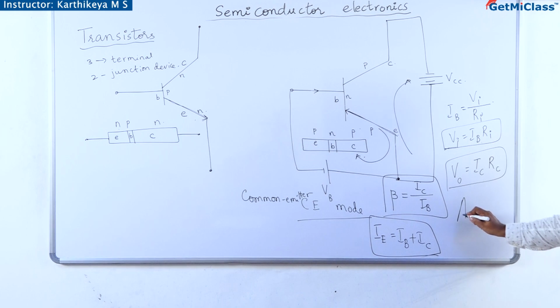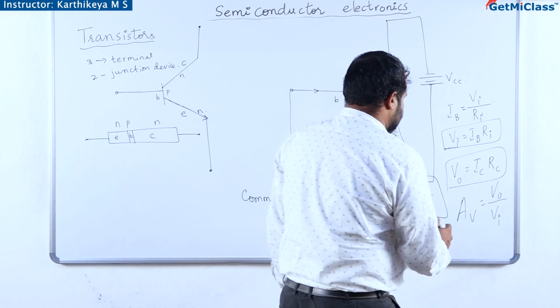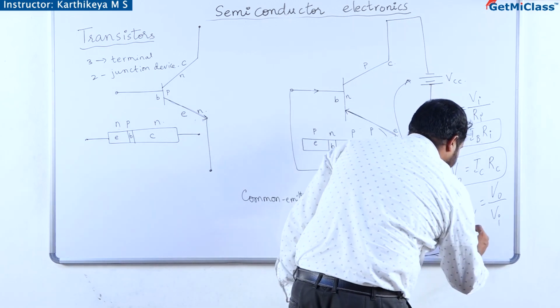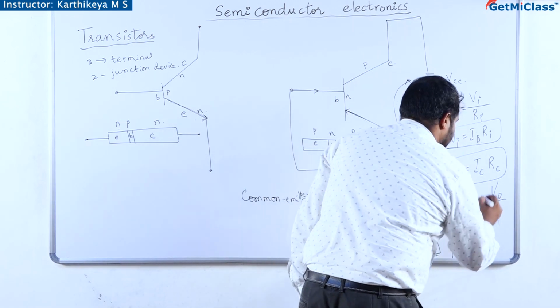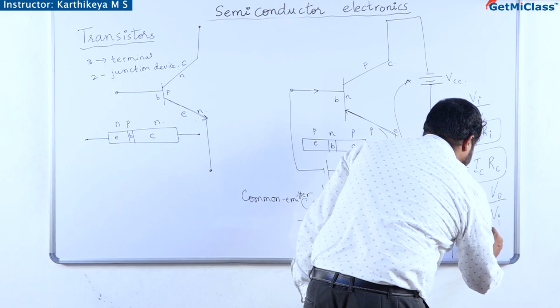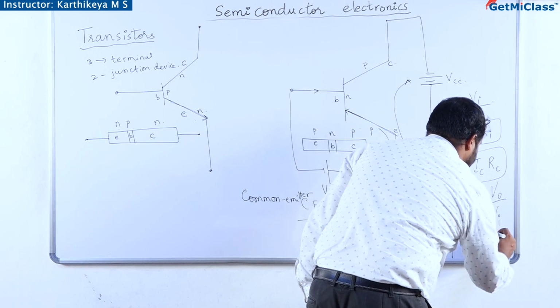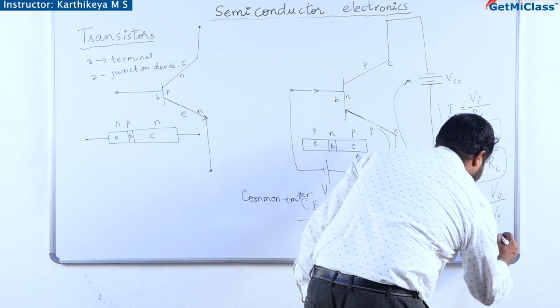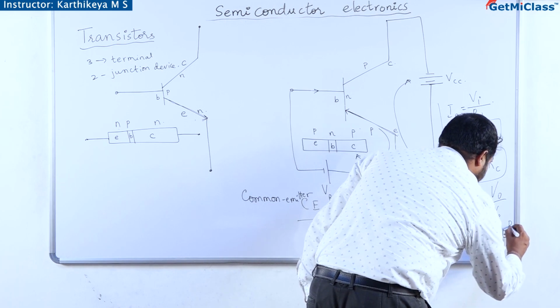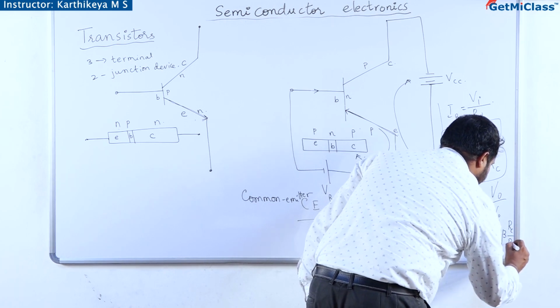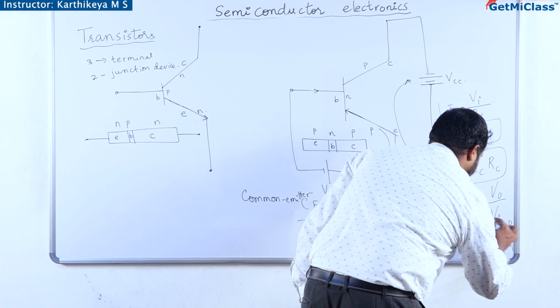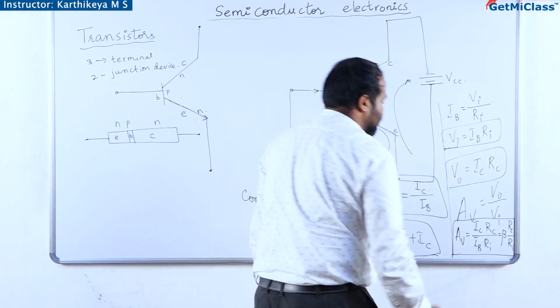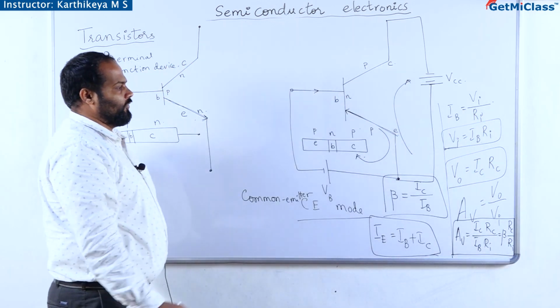So, the voltage gain AV is output voltage by input voltage, which is IC into RC divided by IB into RI. So, it is beta RC by RI, the formula for the voltage amplification.